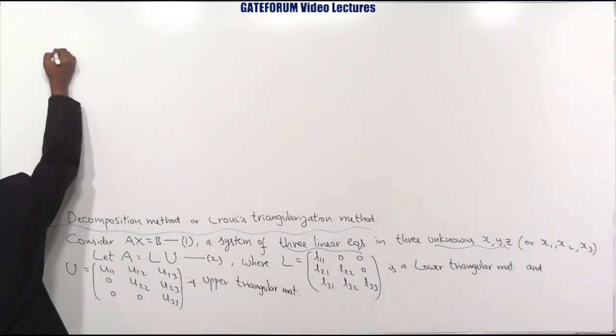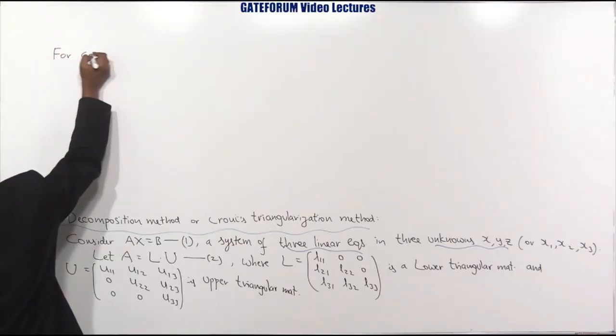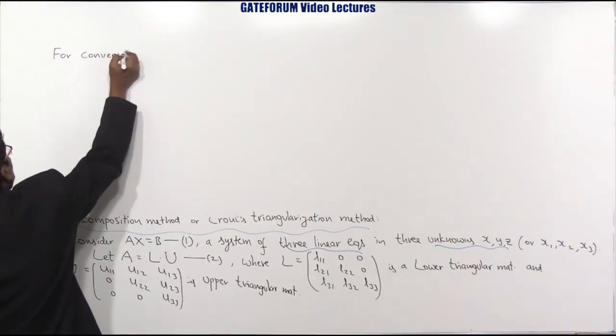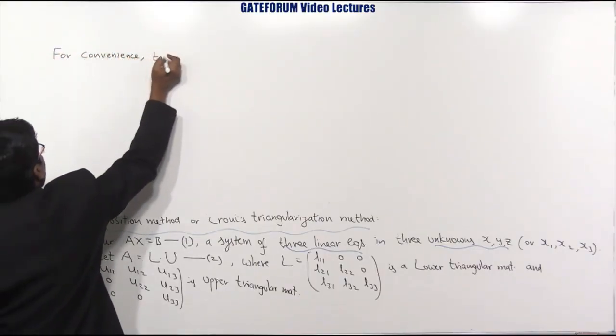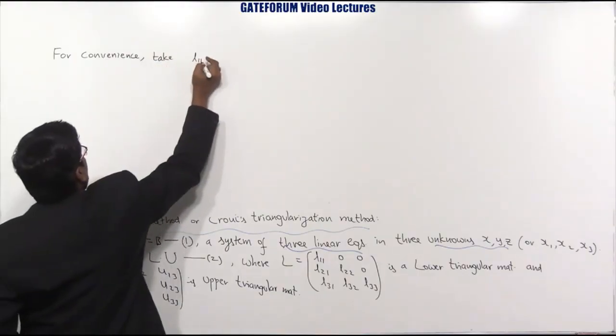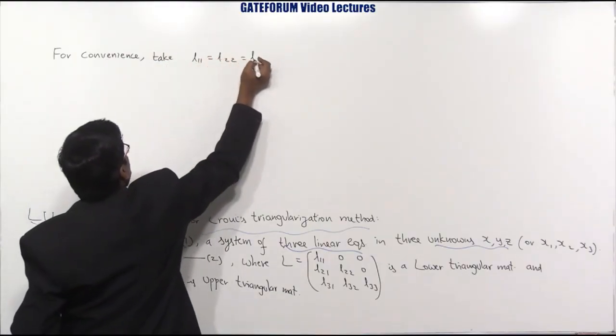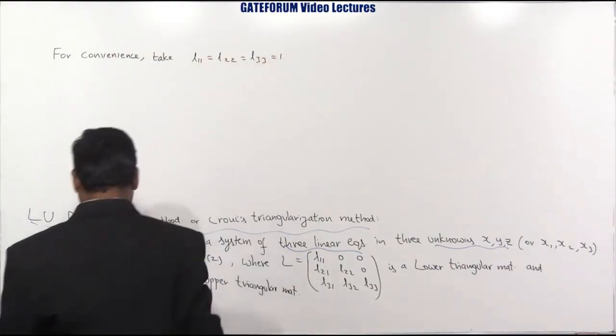For convenience, take l11 = l22 = l33 = 1, that is the diagonal elements of L are 1.